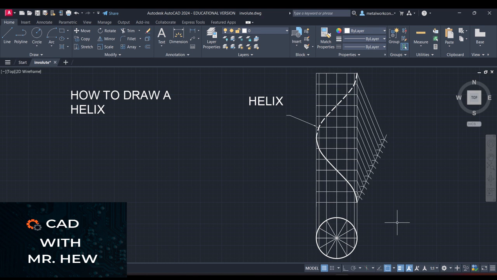Now, the helix can be used to make other engineering components, and a video was made on this channel entitled How to Draw a Round Wire Spring. So perhaps you could visit that video, and having watched this video, you'll get a better understanding of what I was doing in the video entitled How to Draw a Round Wire Spring.